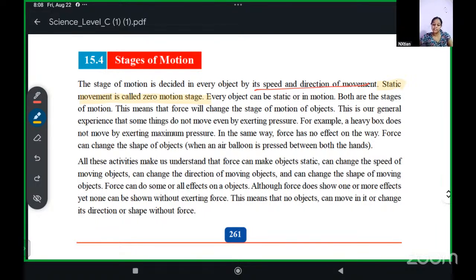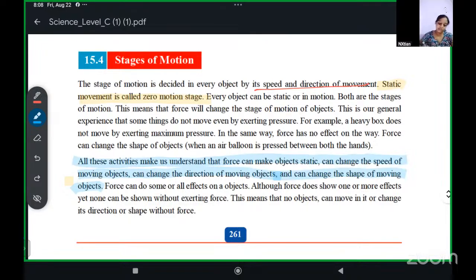All these activities make us understand what force can do. This is important. Force can make objects static. It can change the speed of moving objects. It can change the direction of moving objects, and it can change the shape of objects. Force can do some or all of these effects on an object.